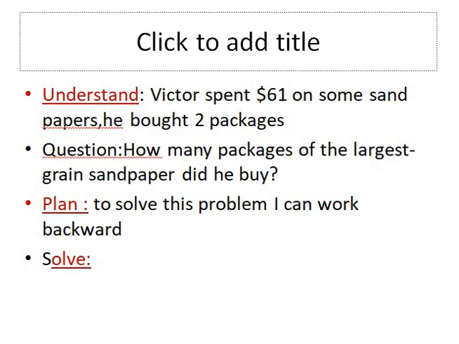My plan was to go backward, because I will find the rest of the money after he bought the small papers. Then I have to divide. Why divide? Because I have money and the price of one package. If I divide the whole money by the price of one package, I can find the number of packages. After I plan what to do, I can go and solve.